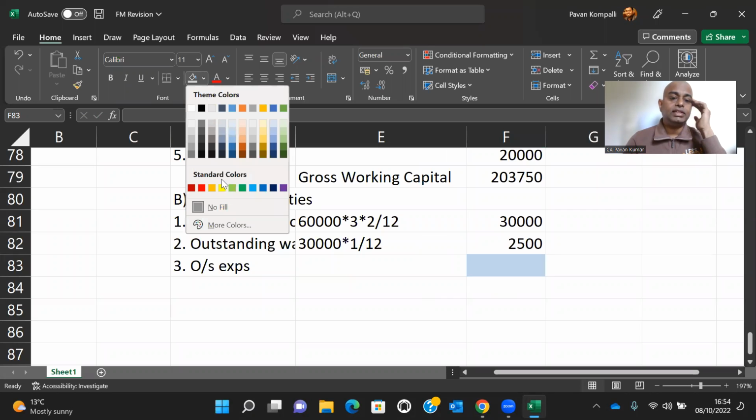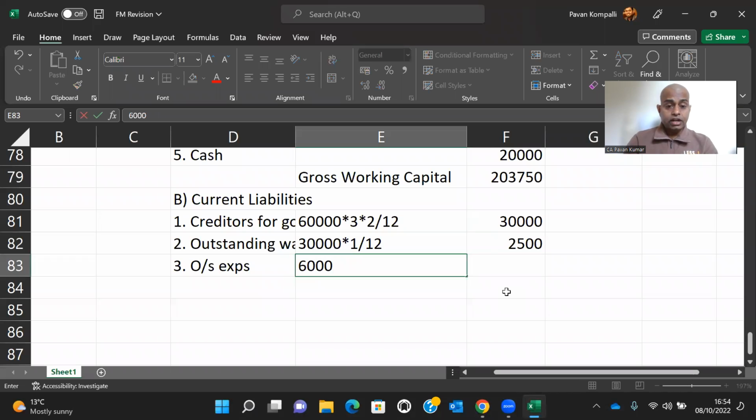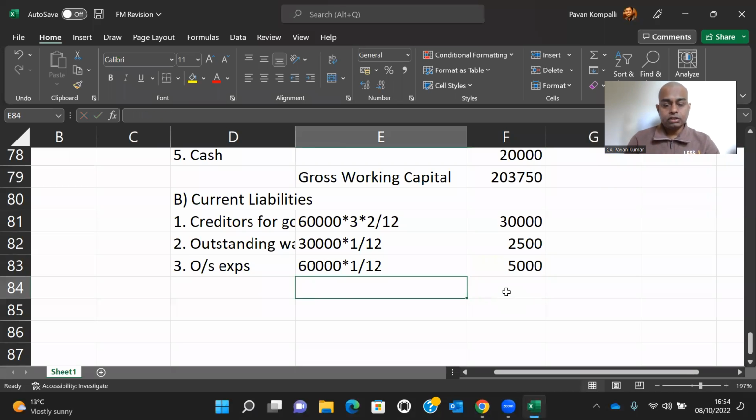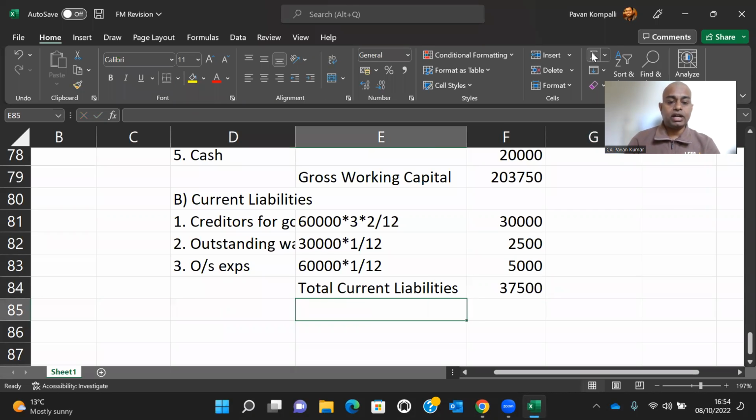Can you please fill this yellow dirty fellow?